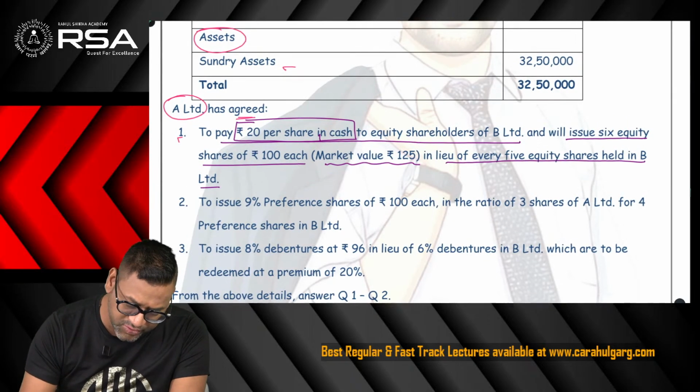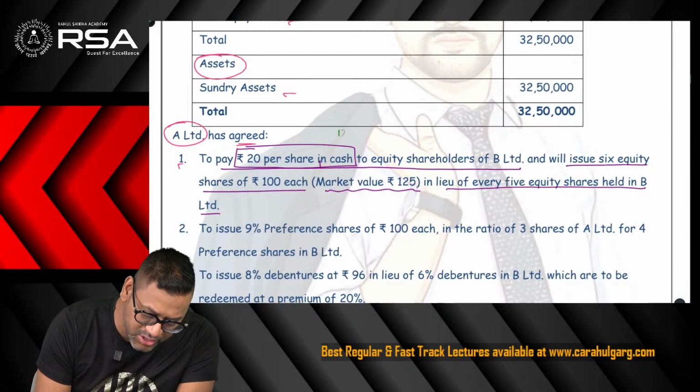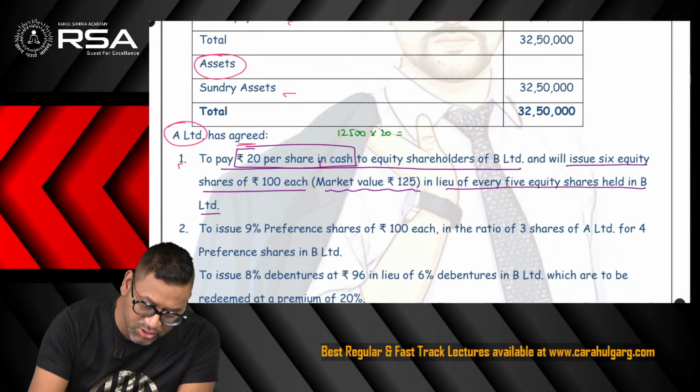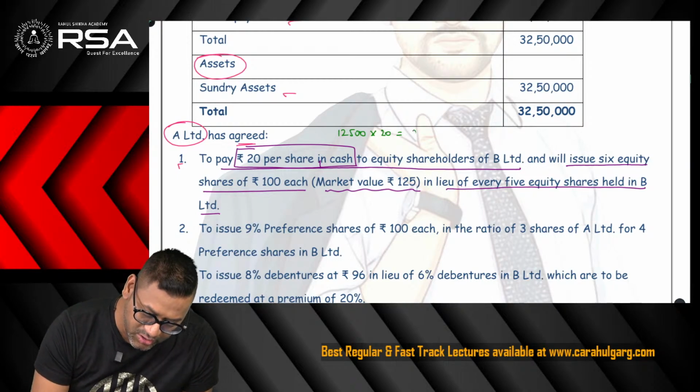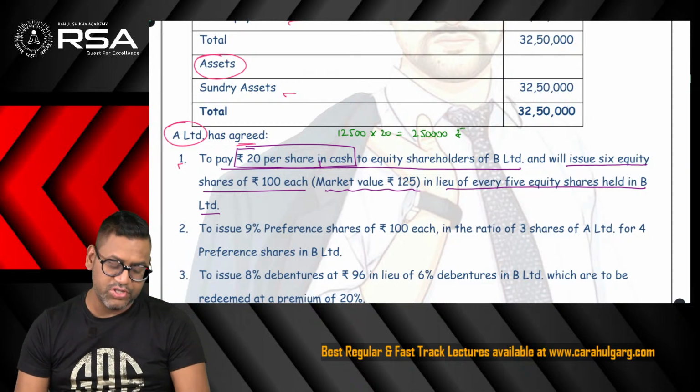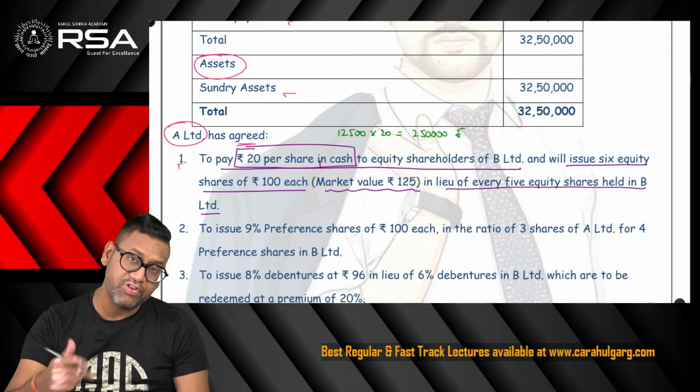If I do the rough calculation over here, rupee 20 per share in cash, so there are 12,500 shares. So 12,500 multiplied by 20 gives me 2,50,000 rupee. Along with that it says we will issue 6 equity shares of rupee 100 each in lieu of every 5 held.